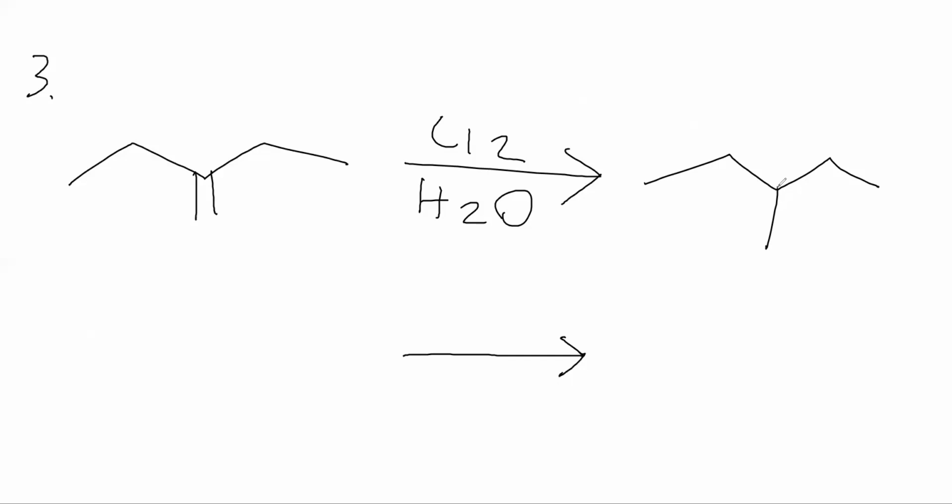Yeah, the alcohol attaches to the Markovnikov spot, and then what else? And then the chlorine attaches to the first position. What about stereochemistry? They should be cis and trans, or trans. Yeah, they're trans. There you go.